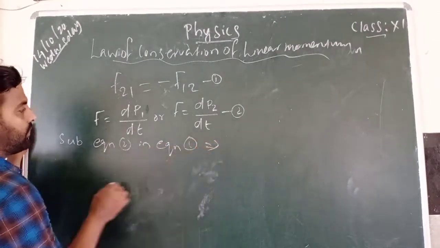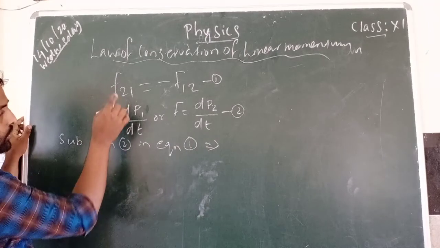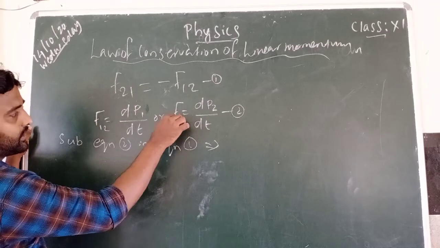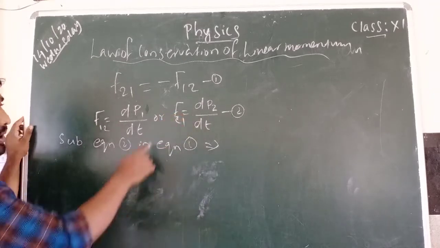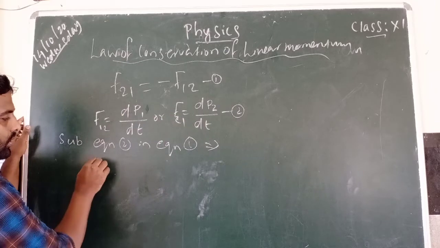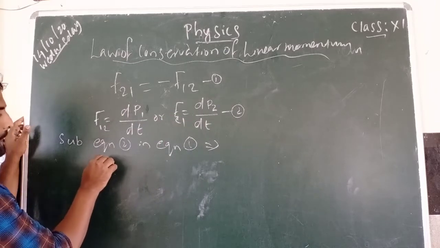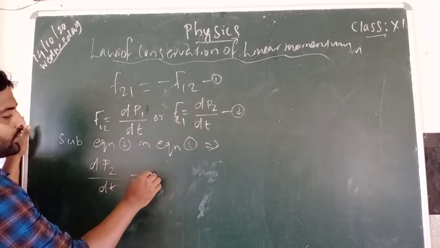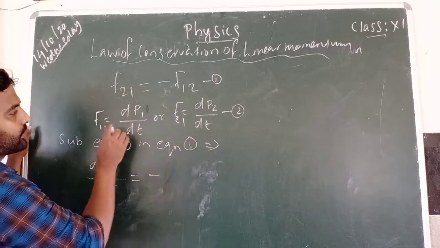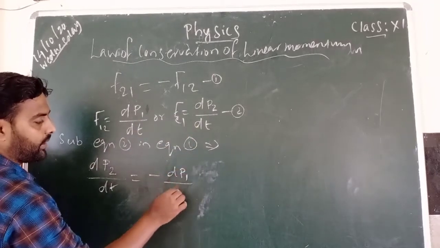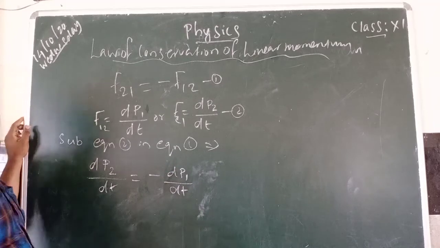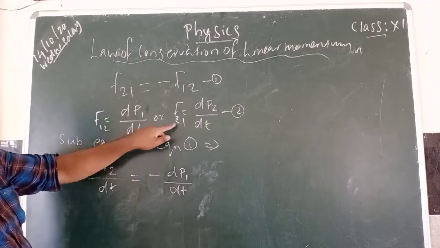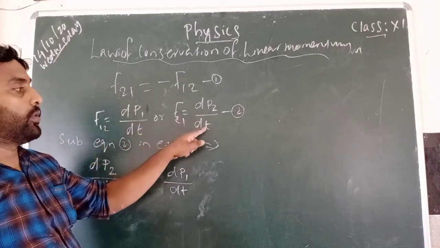Instead of F21, we apply dP2 by dt, which is equal to minus F12, which means minus dP1 by dt. So F12, the force exerted on 2, is dP1 by dt, and the force exerted on 1 is dP2 by dt.